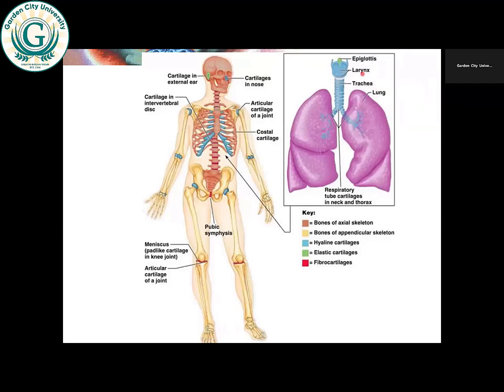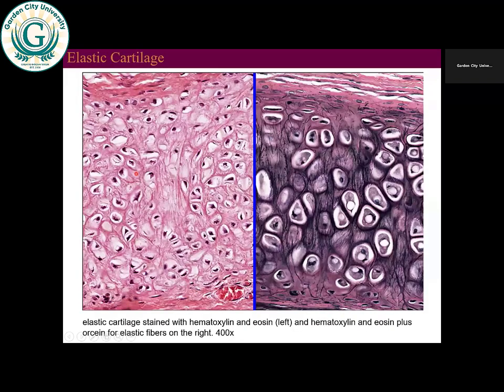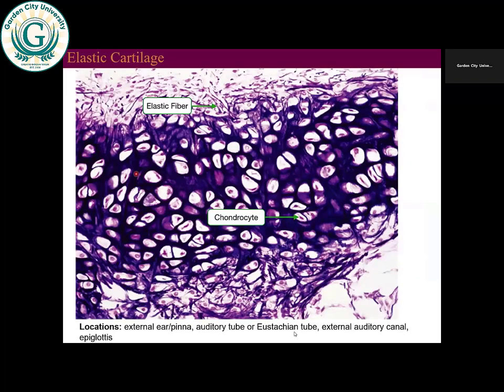The most important one that I want you to know is the thyroid cartilage, because that one you can feel. Then the epiglottis, which you're also very familiar with, is elastic cartilage. Then you know that between the middle ear and your throat there's a cartilage, what we call the auditory tube or the eustachian tube.